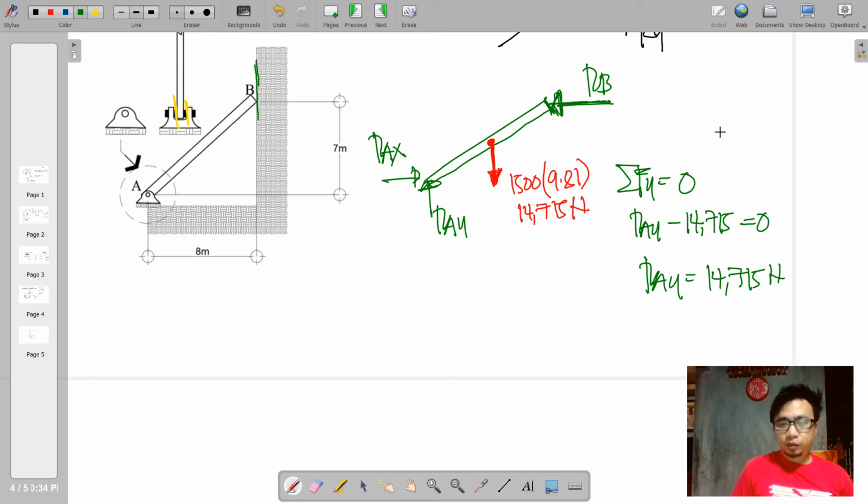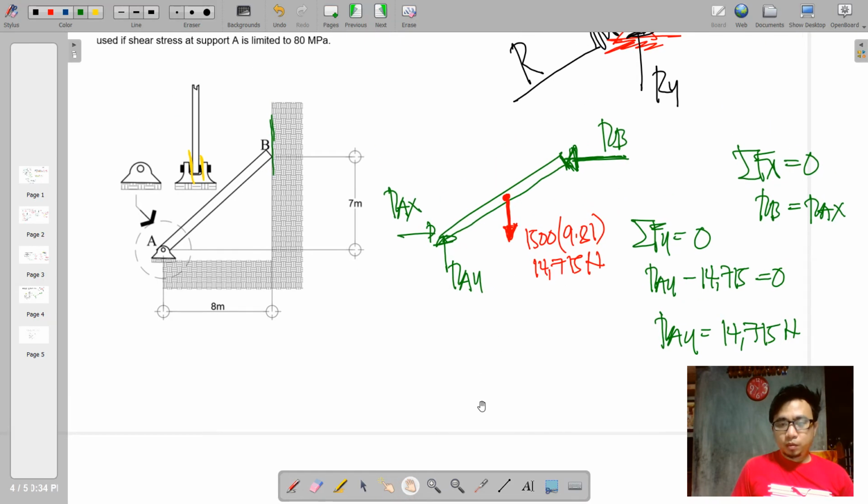Okay, what about RAX? It's also clear that summation forces X, RB is simply equal to RAX. However, we do not know yet the value of either RB or RAX. So what we do is to take moments at A to solve for RB. Say this is summation moments at A is equal to 0.